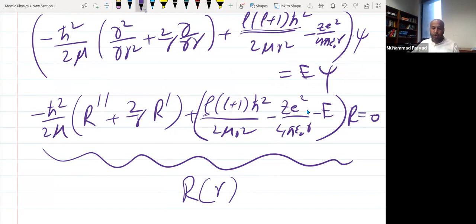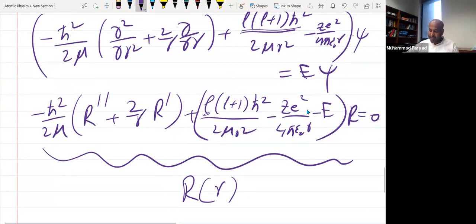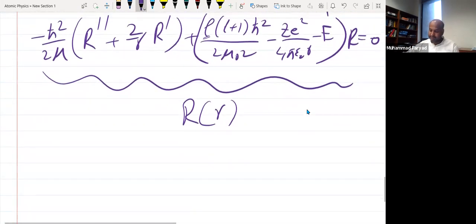And we have to solve this differential equation, and the conditions that our solutions should satisfy are these.